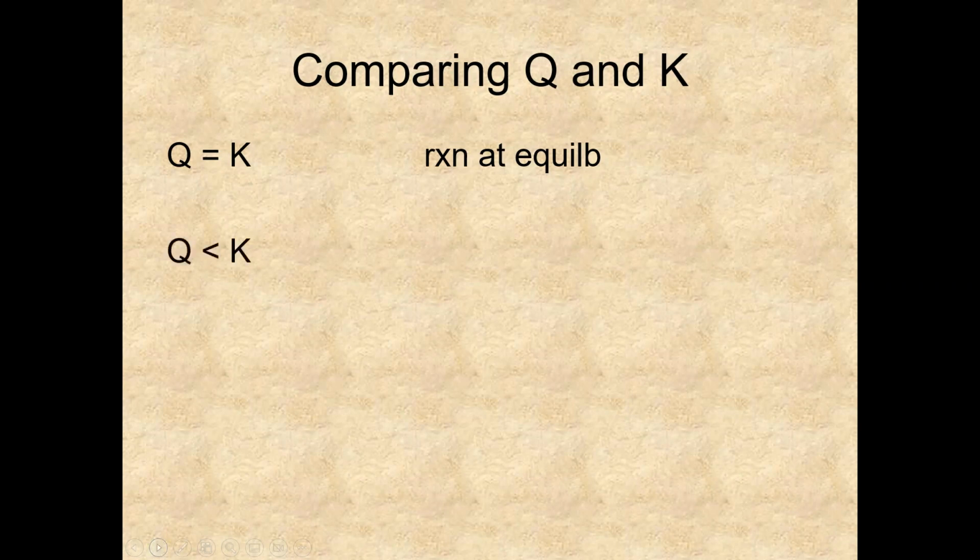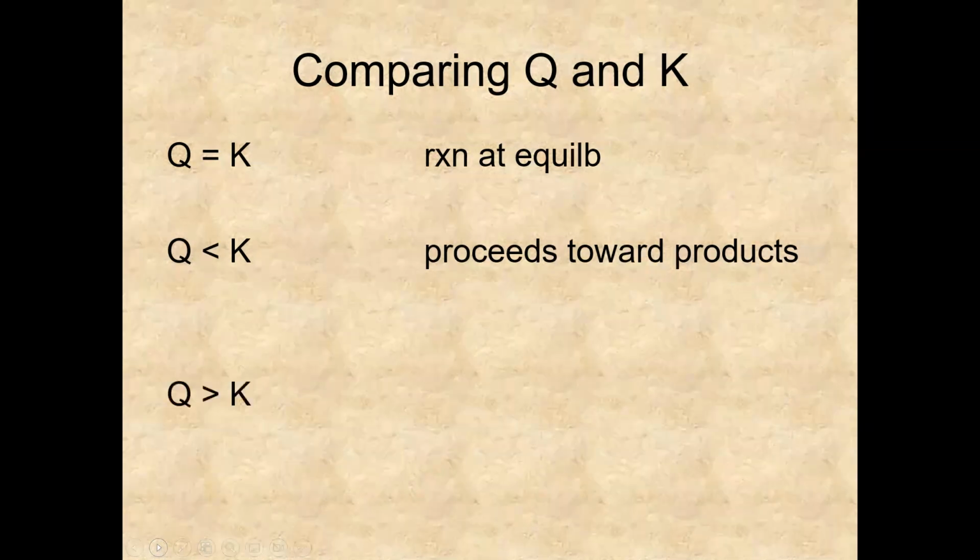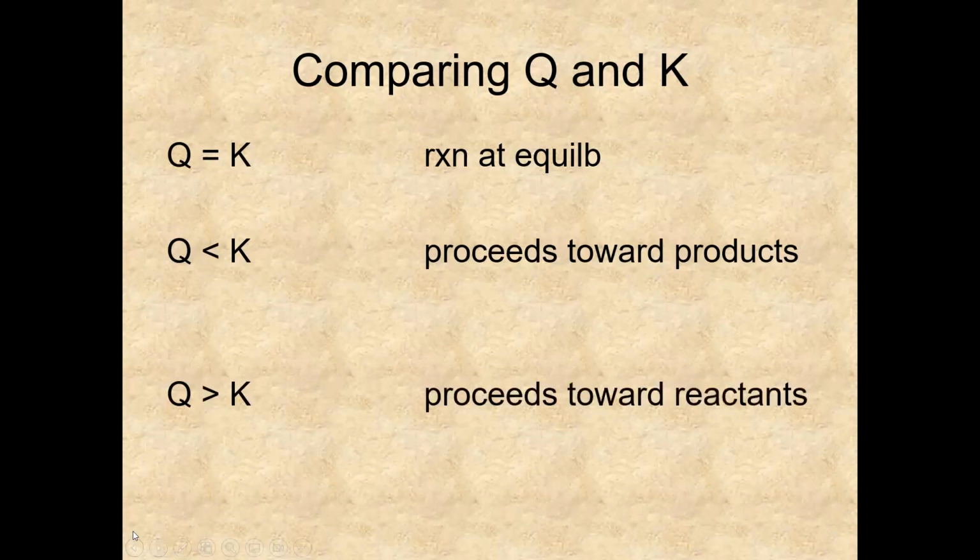So if Q is less than K, that means that the reaction is going to proceed towards the product. So we need to make more products to reach equilibrium. And if Q is greater than K, that means the reaction is going to proceed towards the reactants, meaning we need to make more reactants to reach equilibrium.